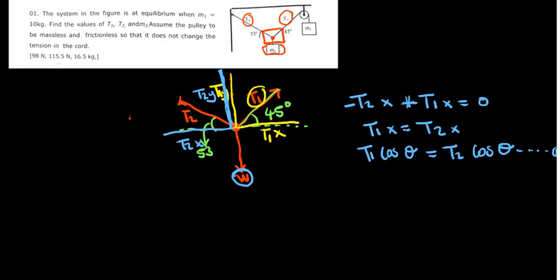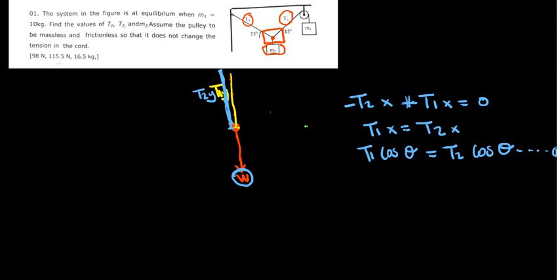So let's try again to look at what is happening in the y direction. Okay, so in the y direction, if we try to forget about this thing, we just remain with what is happening in the y.